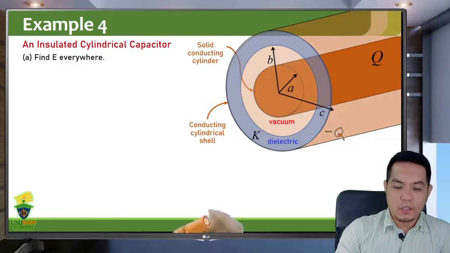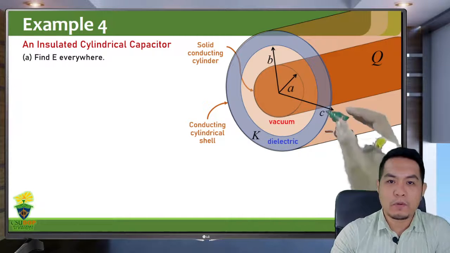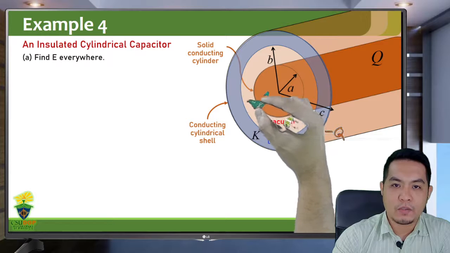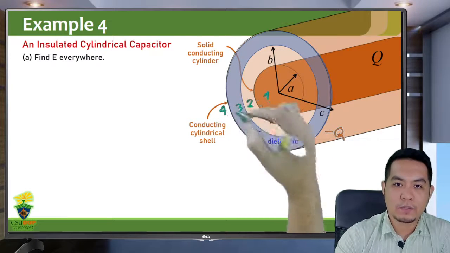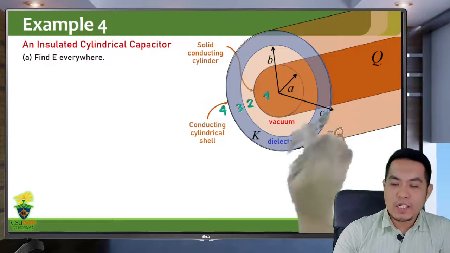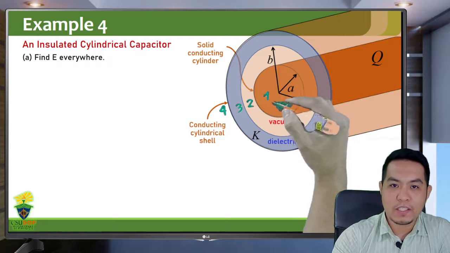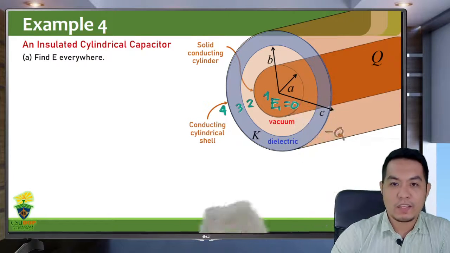If you notice, to find the electric field everywhere, there will be 4 regions: region 1, region 2, region 3, and region 4. For region 1, since this is just inside the conductor, E1 is 0.